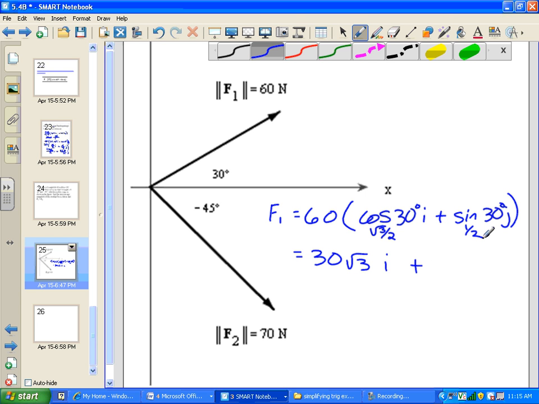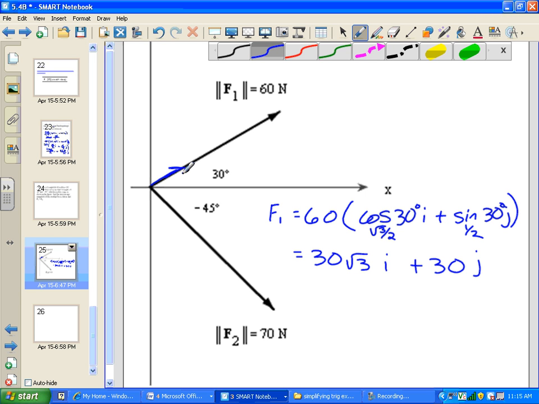Half. So 60 times a half would be 30. So that's the vector right there.